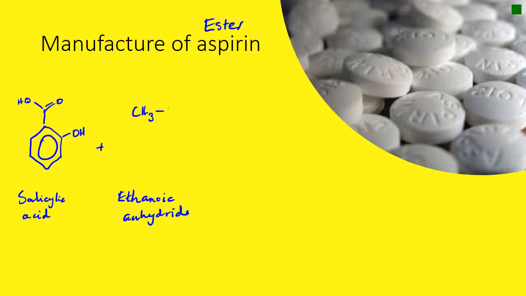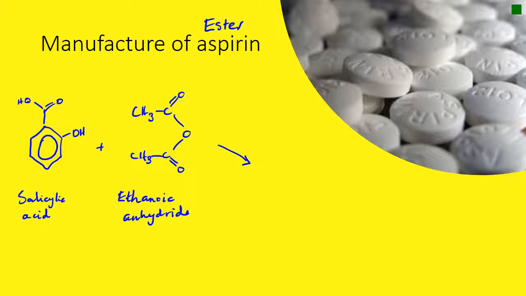CH3, and another CH3 group here. Okay, so that's our ethanoic anhydride, and let's draw our products down here.